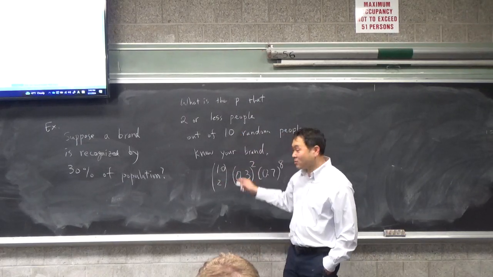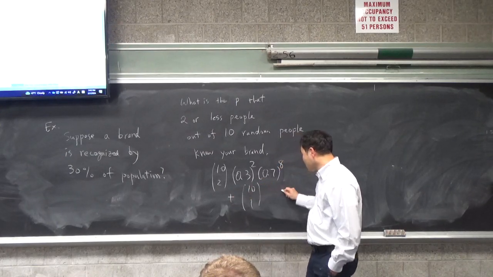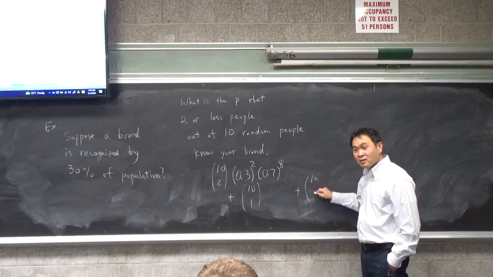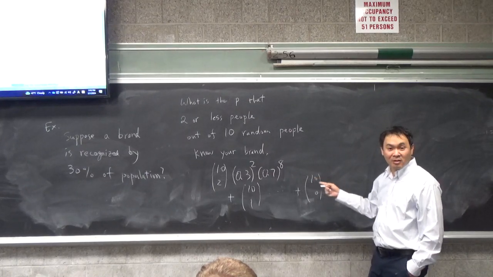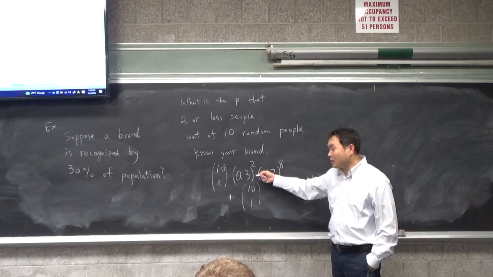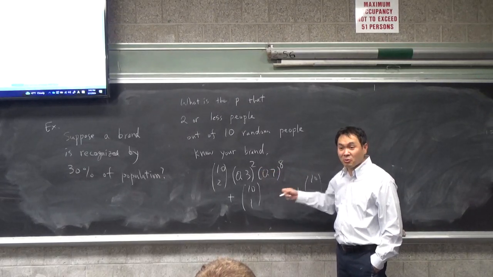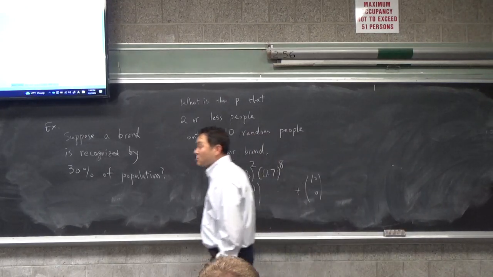But then it's 2 or less, so you're adding 10 choose 1 and then something plus 10 choose 0, right? Well, we actually know what this is called. If you add up not just that probability, but every probability before that, what is that called? Cumulative.